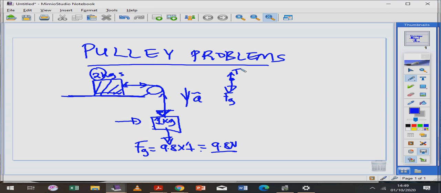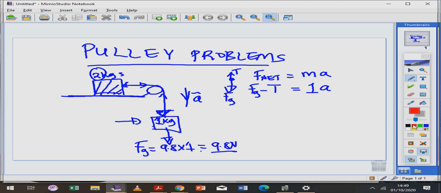Newton's second law, F net equals ma, will be the force of gravity minus the force of tension, which I'll just call T, is equal to the mass of that singular object times acceleration.